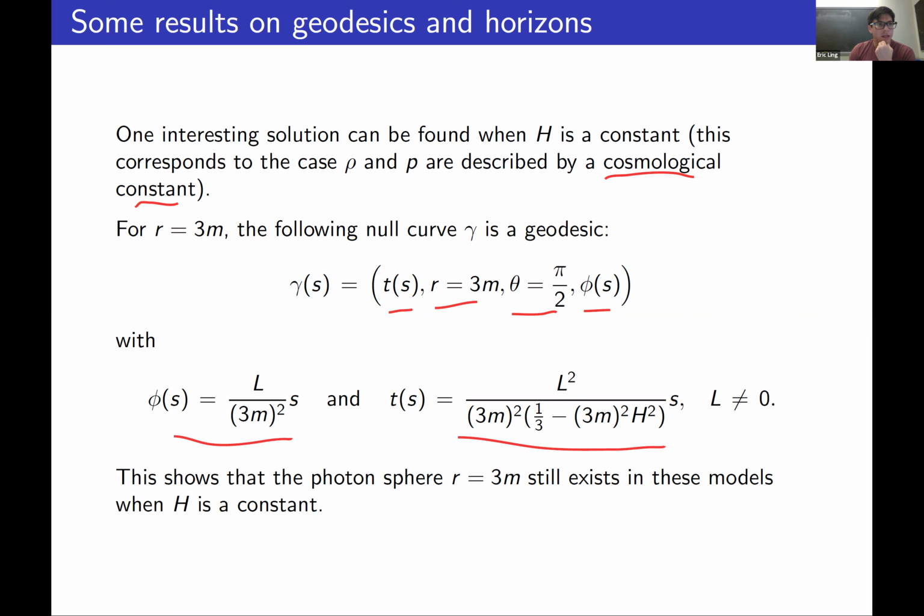This wasn't too hard to show, but I think an interesting question to go from here would be to show some type of convergence when h of t approaches a constant as t goes to infinity. Because I don't think people believe that everything will be perfectly described by a cosmological constant right now, where there's still radiation and matter in the universe. But you can ask the question, well, the matter and radiation will dilute and go to 0 at infinity.